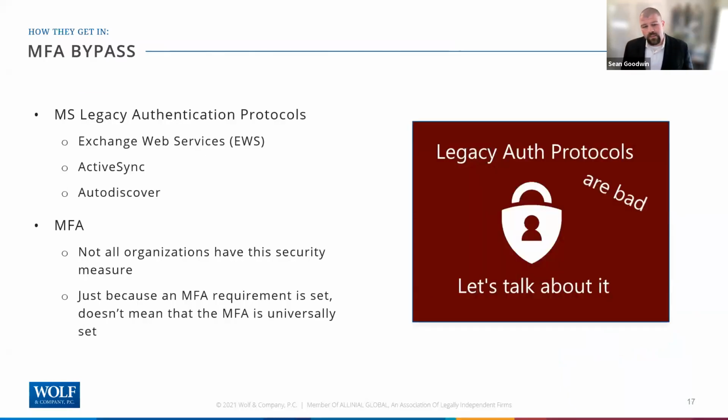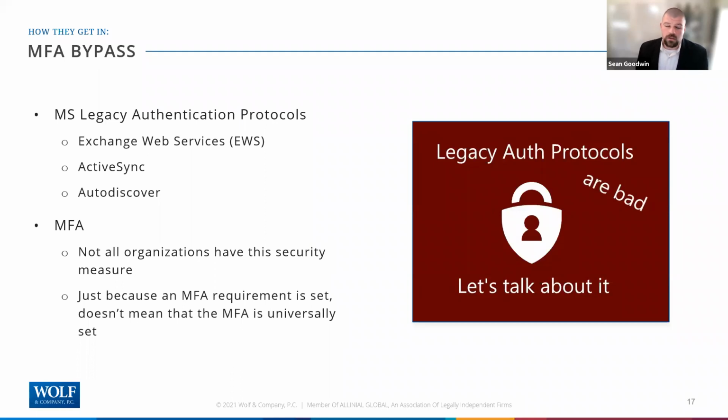Multi-factor authentication bypass is another kind of issue in how they're getting in. So a lot of folks have deployed multi-factor authentication. Unfortunately, what we're seeing is a lot of organizations didn't address some of the default options. So when it comes to that Microsoft 365 space, the 3 legacy authentication protocols listed here, EWS, ActiveSync, and AutoDiscover, do allow you to bypass all of your multi-factor authentication controls.